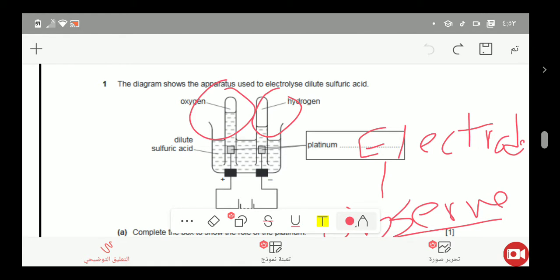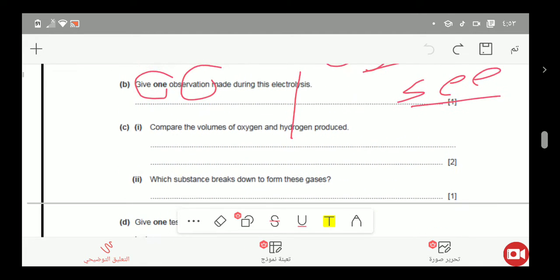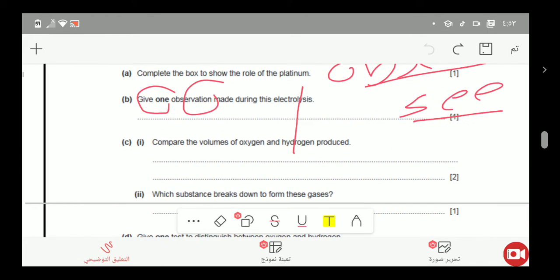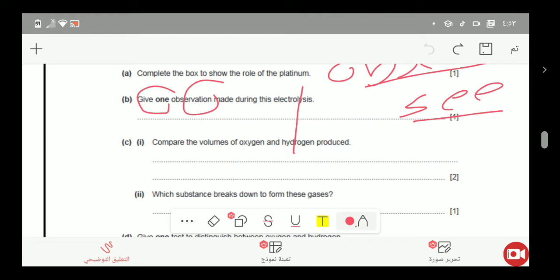So don't talk about the mechanism of the reaction or the equations at the cathode and anode. Just talk about your observation, what you see. Just bubbles. You have to write only bubbles.